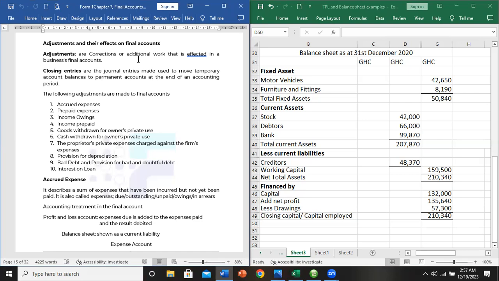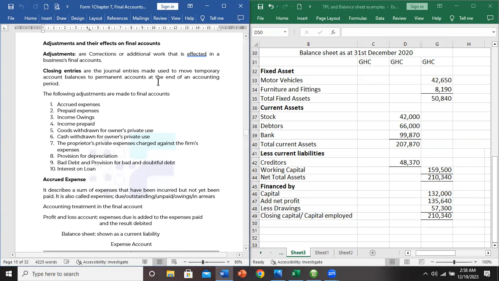Okay. If you are doing adjustment, you have to make some entries. So you'll be doing some debit and credit, and those are called closing entries because you are doing them at the end of the period. So closing entries, these are entries or journal entries made to move temporary account balances to permanent accounts at the end of the accounting period.